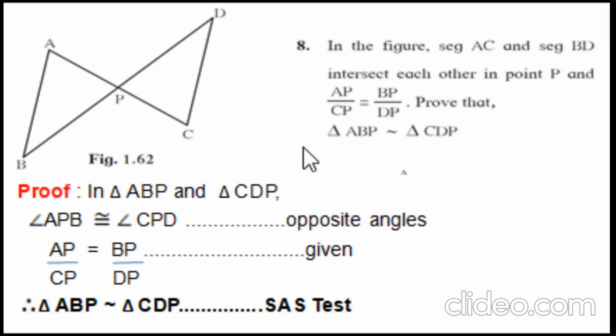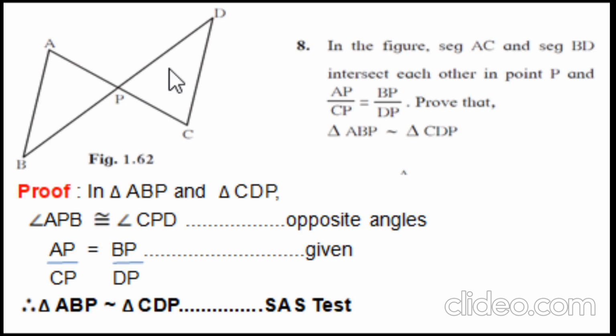See, 2 remain. Then in question number 8, in the figure, segment AC and segment BD intersect each other in the point P. This AC and BD intersect at P. And also what is given, AP upon CP is equal to BP upon DP. So we have to prove that triangle ABP is similar to triangle CDP.